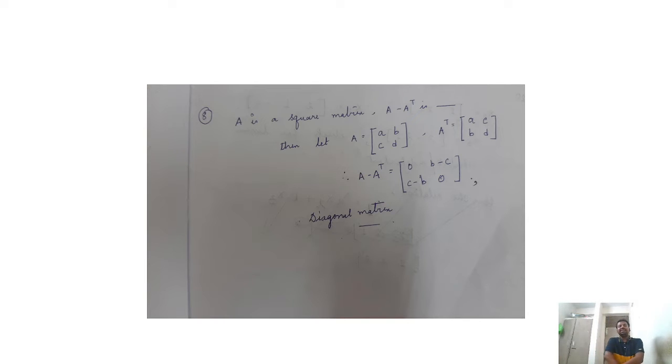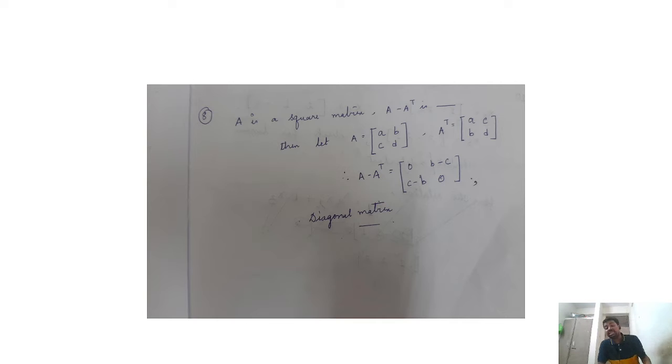So what you get is, if we consider A equal to A, B, C, D, then the transpose of A is A, C, B, D. Now you do A minus A transpose, and we get 0, B minus C, C minus B, and 0. Okay, this is the thing that we get.